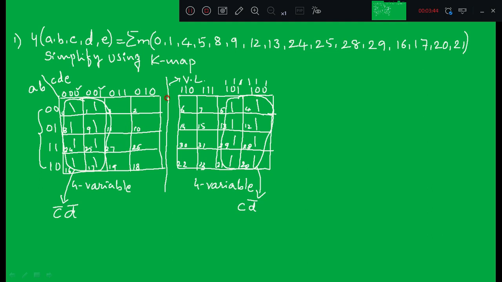So these 8 ones are going to overlap with these 8 ones. That means even though they are not physically adjacent, they are logically adjacent, right? This folding is represented, if they are logically adjacent, by 2 dots, right?